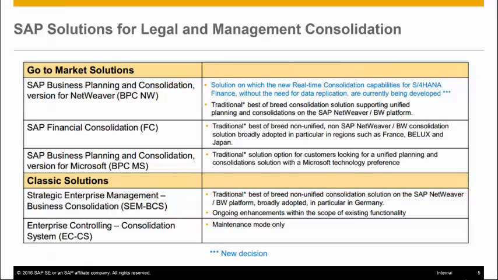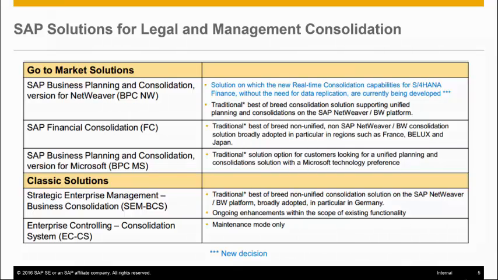It indicates the different SAP solutions for consolidation. You will see that at the end, some classic solutions like BCS and ECCS are in maintenance mode only. For the existing ones like BPC NetWeaver version, FC, and BPC MS version, we will focus on different types of customers.